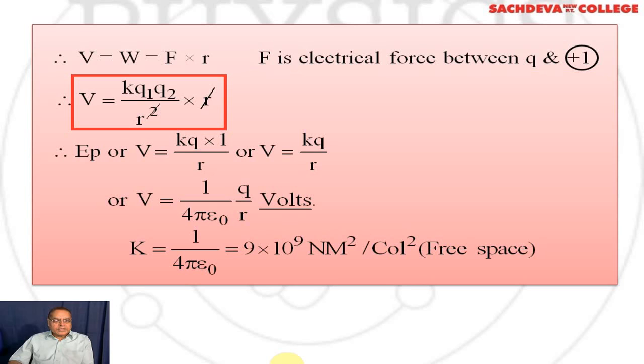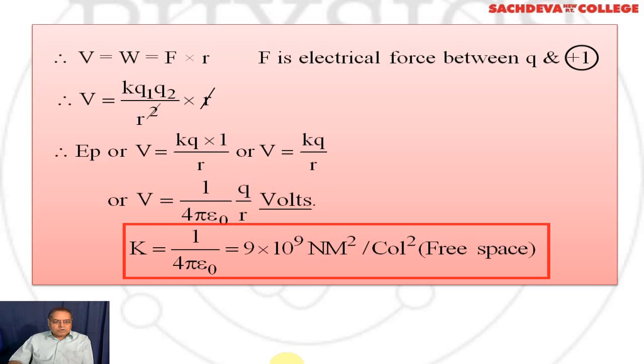Therefore, V is equal to K Q1 Q2 by R square multiplied by R. R square will cancel off with R, and electrical potential can be estimated by the function KQ by R. Wherever it is written K, we can replace it by 1 over 4 pi epsilon naught. So, V is written as 1 over 4 pi epsilon naught into Q by R.